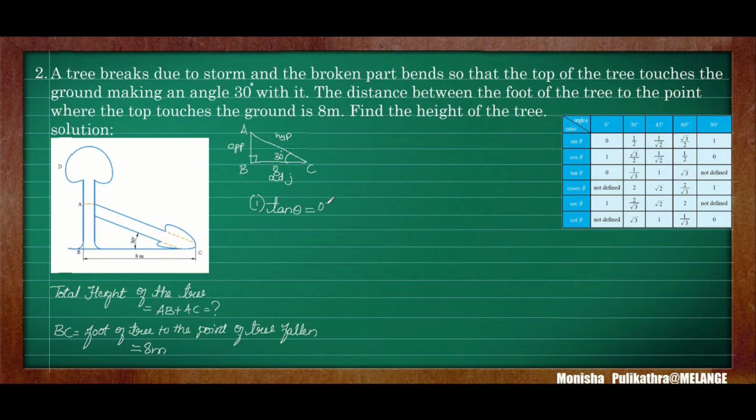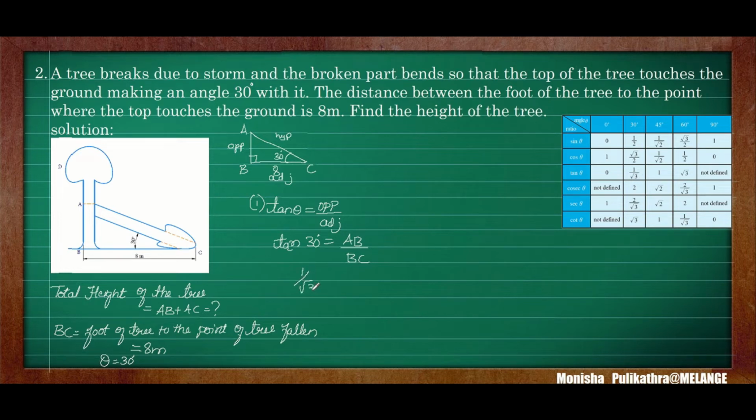So tan theta is opposite by adjacent. Here the theta value is 30 degrees. So tan 30 degrees is equal to the opposite side AB by the adjacent side BC. From the chart we know that tan 30 is equal to 1 by root 3.